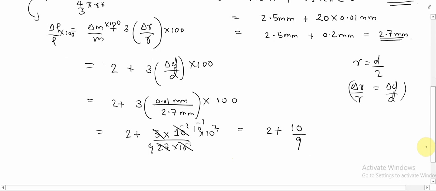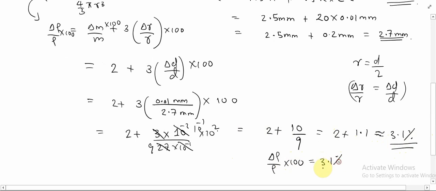So if I do it, I will get 2 plus 1.1, which is approximately equal to 3.1%. So that is the percentage error in density. Delta rho by rho into 100 is the percentage error in density, equal to 3.1%.